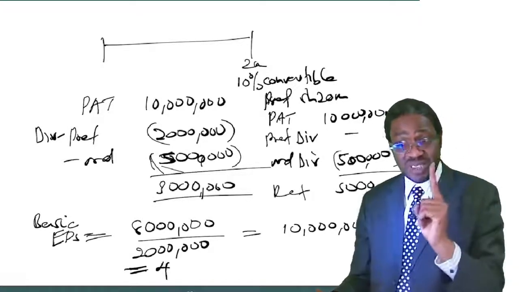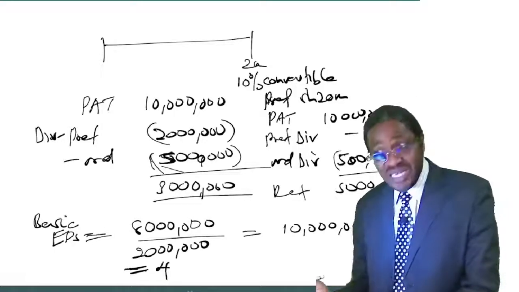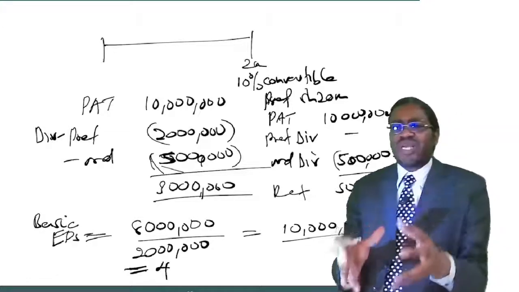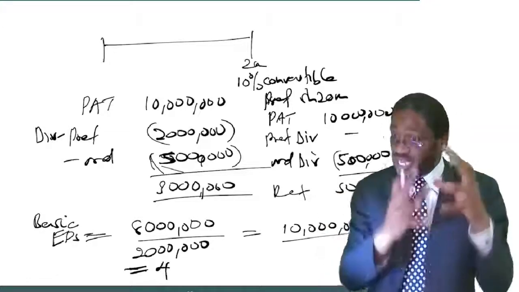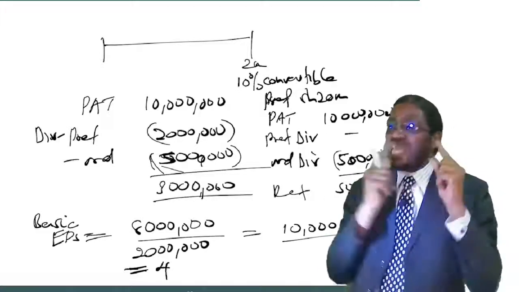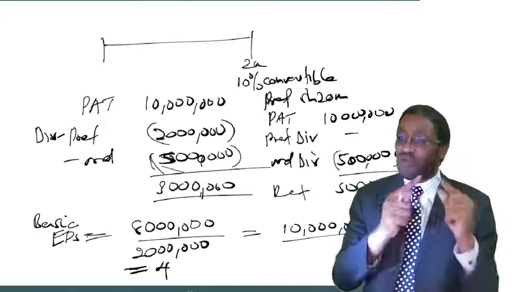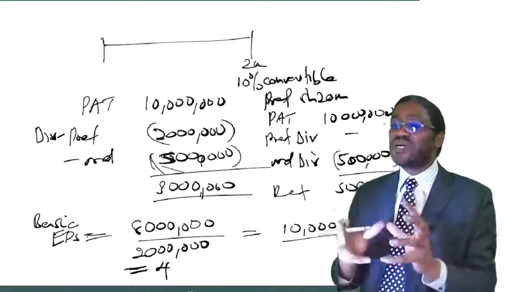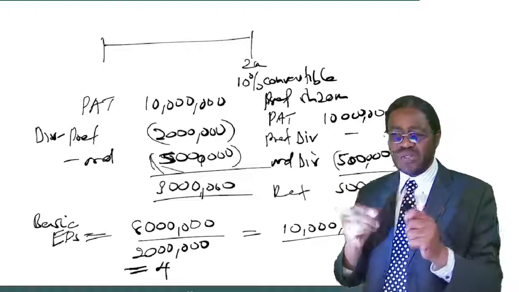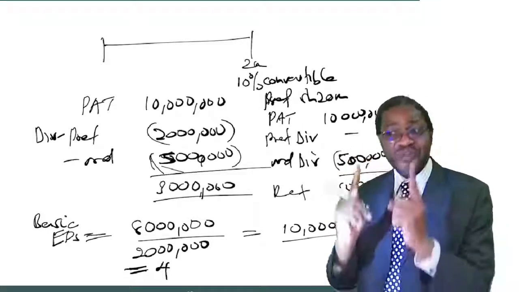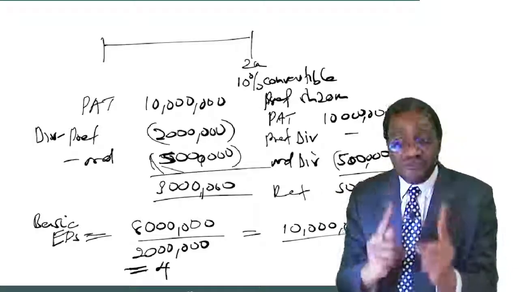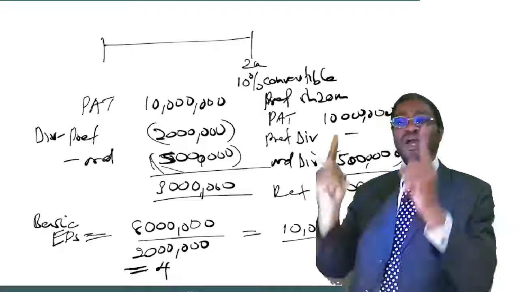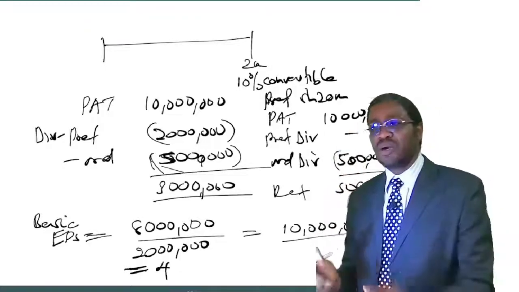So my earnings would have increased. What we used for basic EPS, which in our case is 8 million, if the preference shareholders had converted, our earnings would have increased by the preference dividend that would have been saved on conversion.